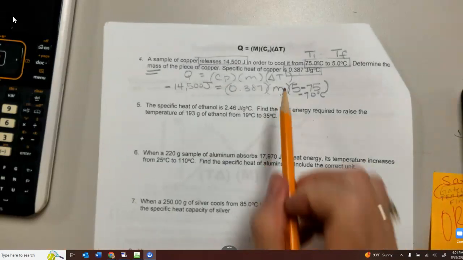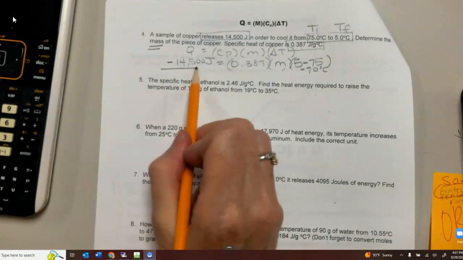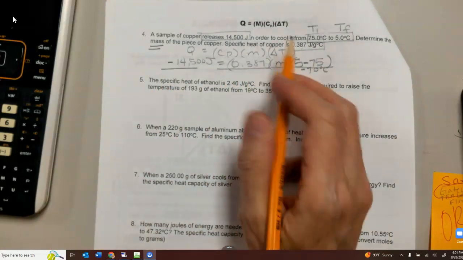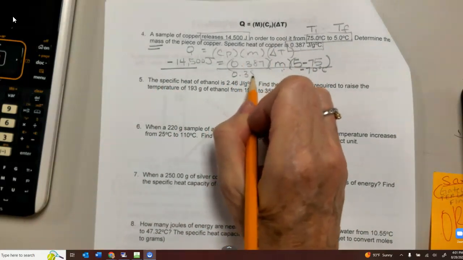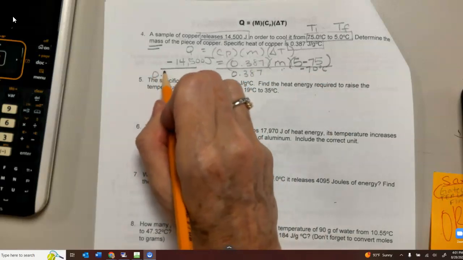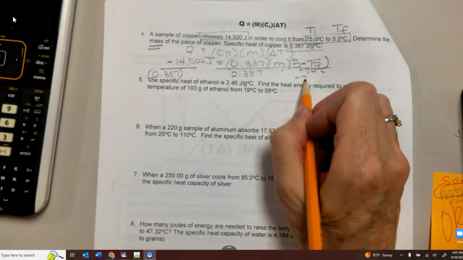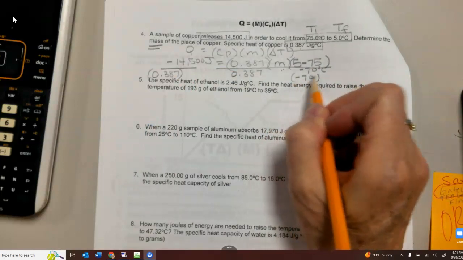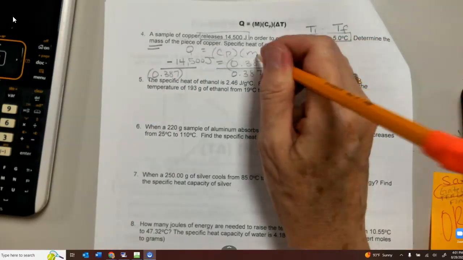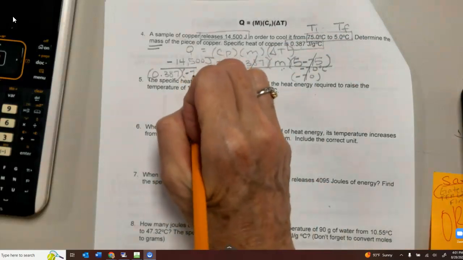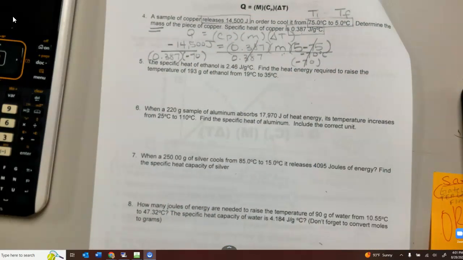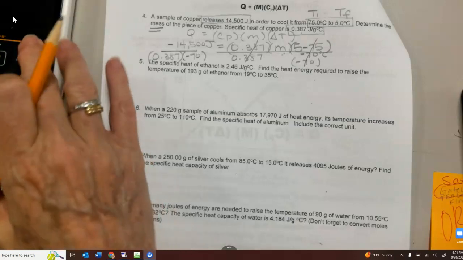So this time we don't know mass, so we're going to set it up the same way. I've got to get mass by itself, so I need to get rid of these numbers here. I need to get rid of my specific heat and this negative 70. So we're going to cancel those out. And then again, plug in your numbers.